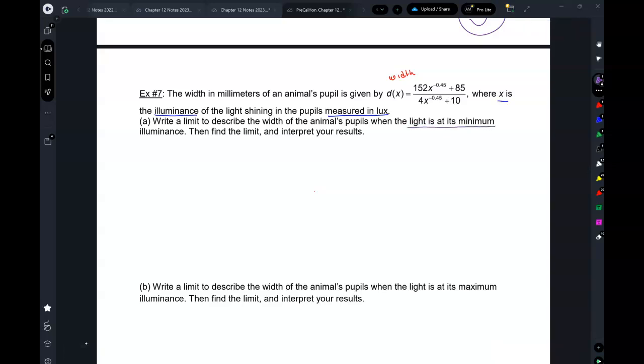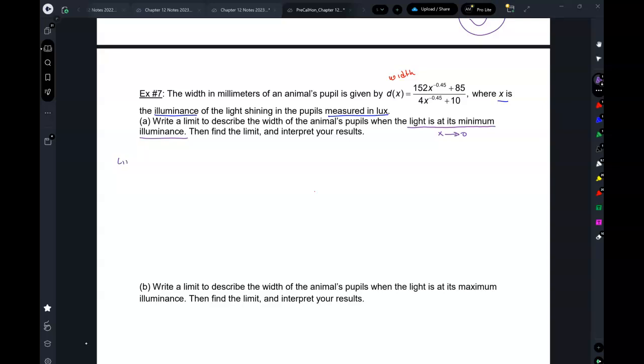So when the light is at its minimum illuminance means what variable stood for that? x. So we want x to be at its minimum, so x approaching 0, right? So we want to find the limit of this function as x approaches 0. That's what we need, okay?